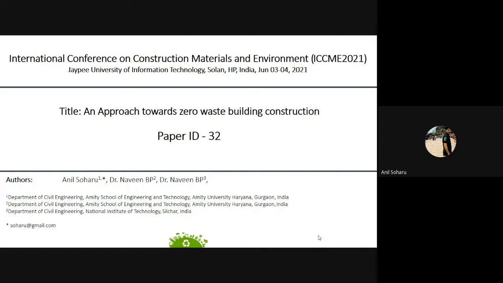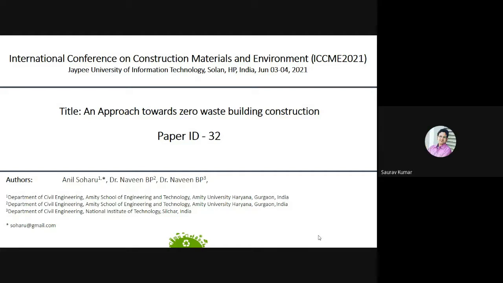We are developing a model for this, and at a later stage there may be a regulation that for any construction activity, whatever waste is generated must be consumed in the project itself, so that no wastage from the outside is left out.